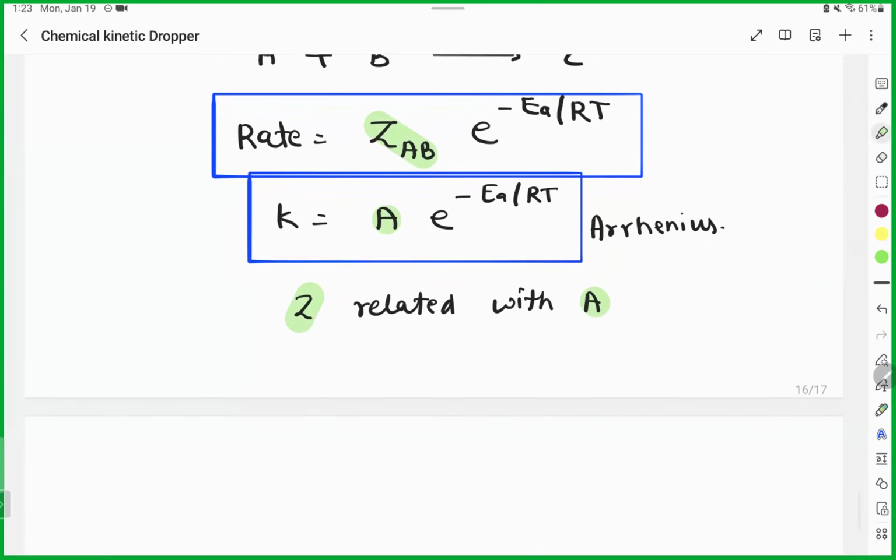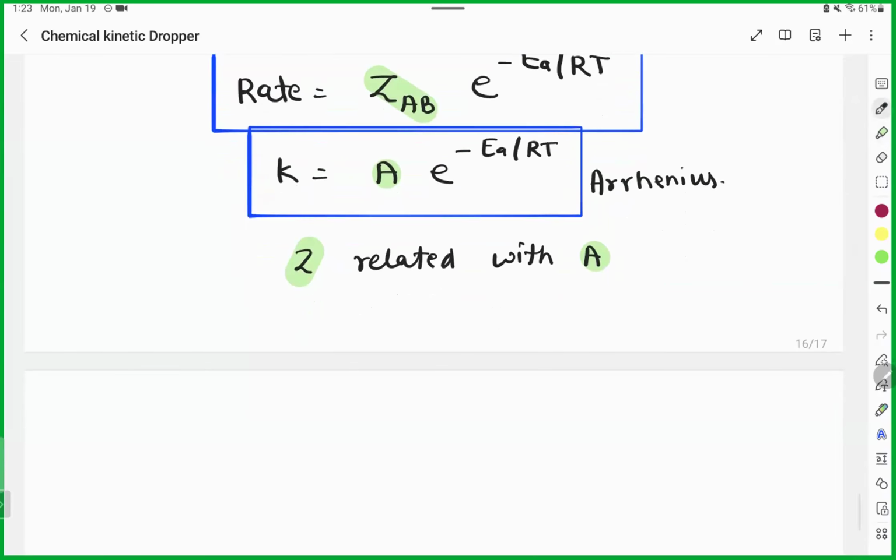Correct. So, Sarah, what is this Z meaning, in the simplest way? We wrote this ZAB. What does it mean? In the literal way, it is the collision frequency.